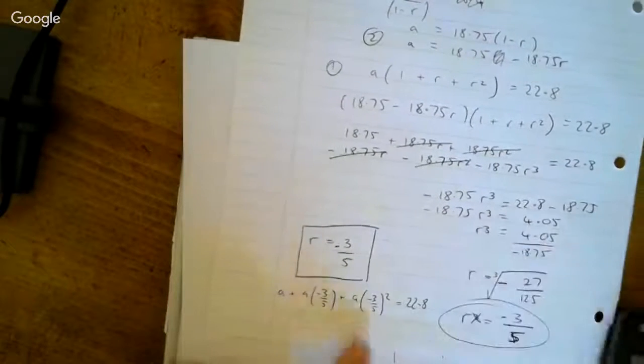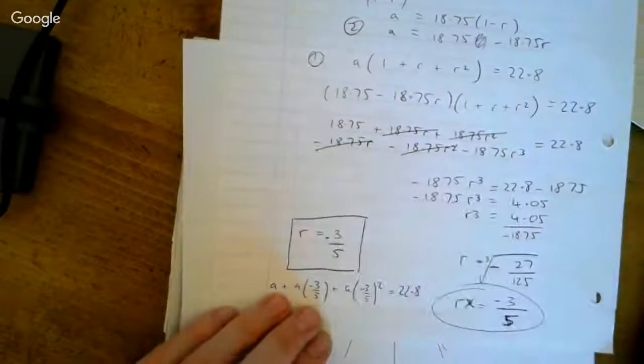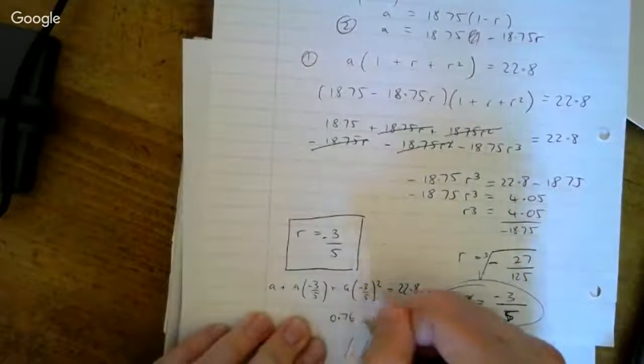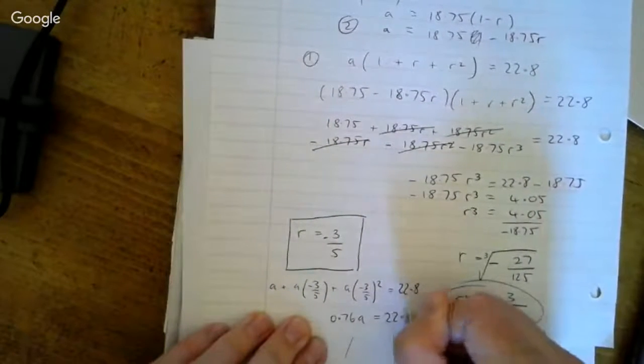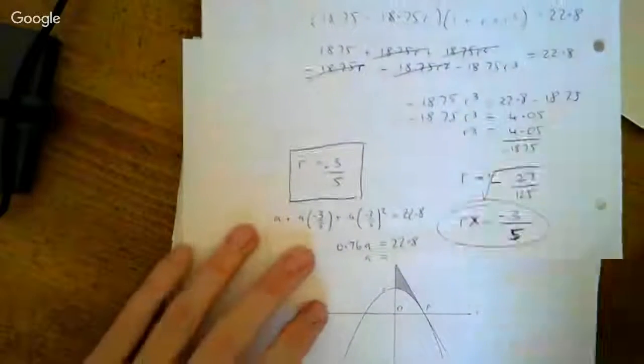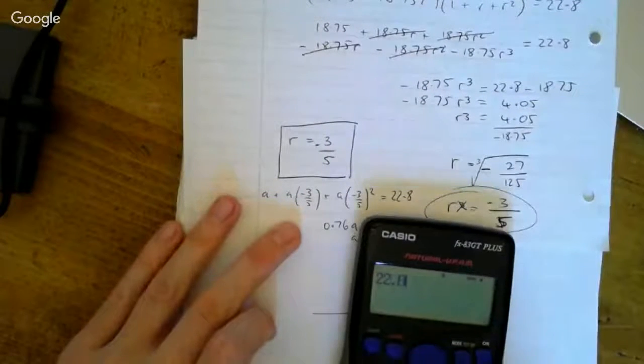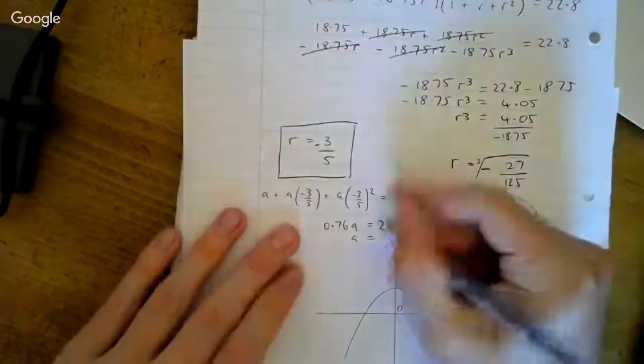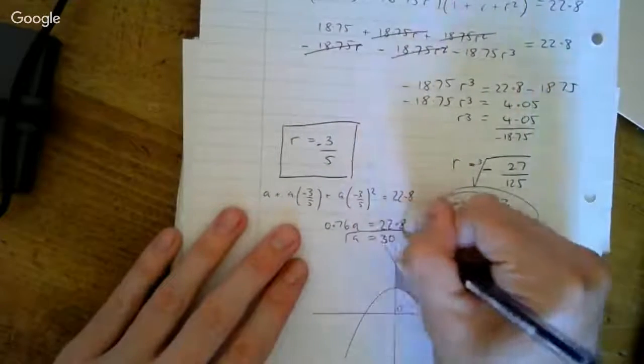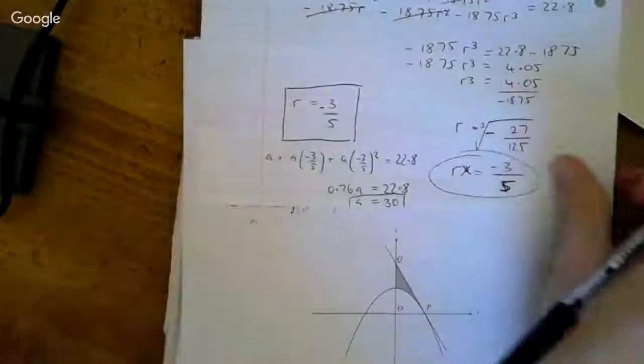So that's going to equal 19 over 25, which I'm going to get as a decimal, which is 0.76a is equal to 22.8. And then a would be equal to 22.8 divided by that answer, which is 30. So, you know, that's a pretty good indication that I've done everything correct. Okay, so a equals 30 there.